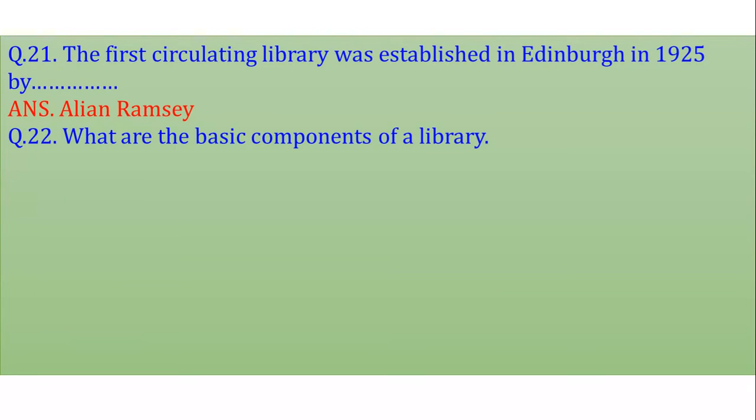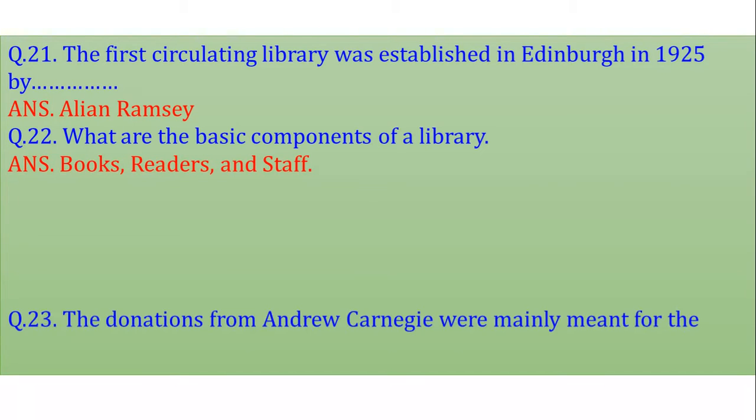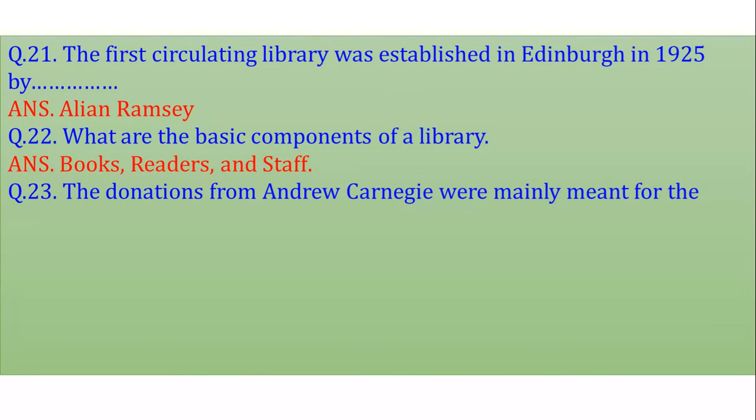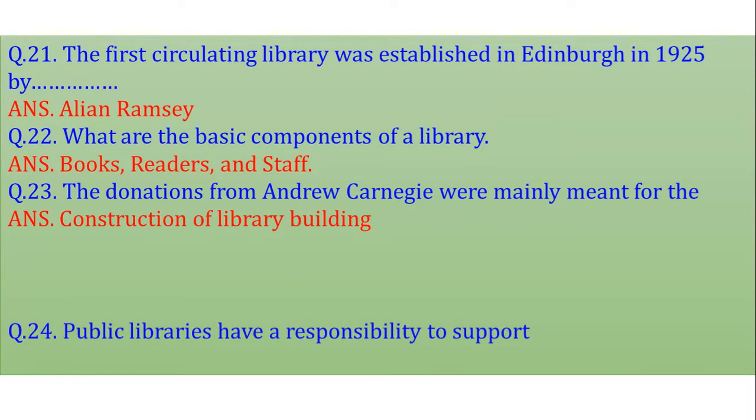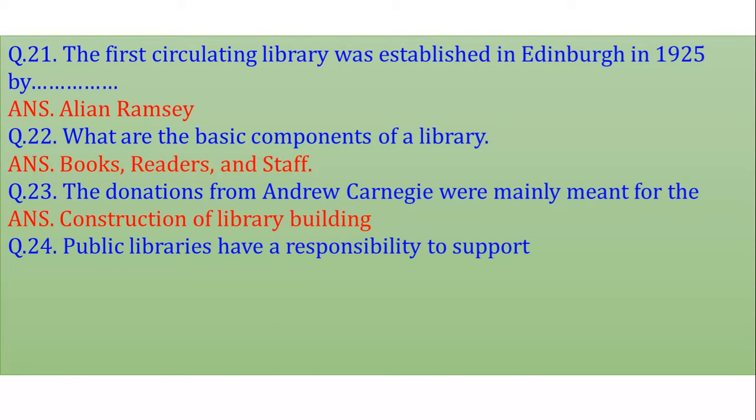What are the basic components of a library? Books, readers, and staff. The donation from Andrew Carnegie was mainly meant for the construction of library building. Public libraries have a responsibility to support formal and informal education.